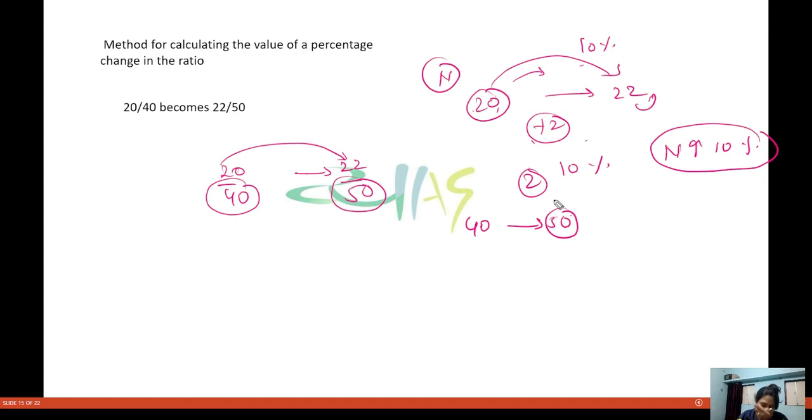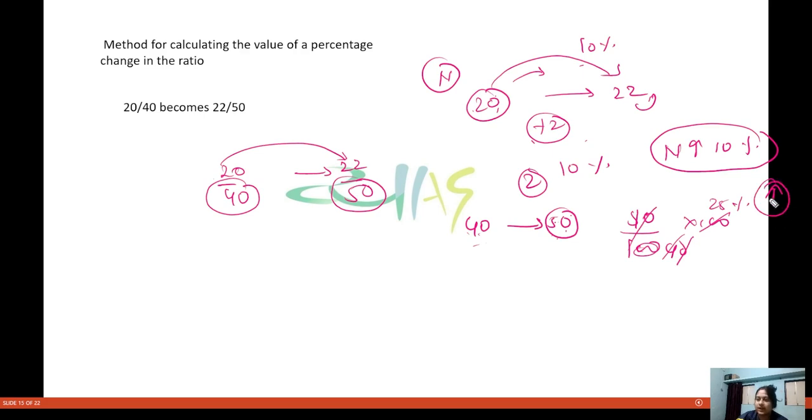See, this is 110. Half of this is how much? 55, I guess. Half of 110 is 55. And what is half of 55? 27.5. So just subtract 27.5 from 110.